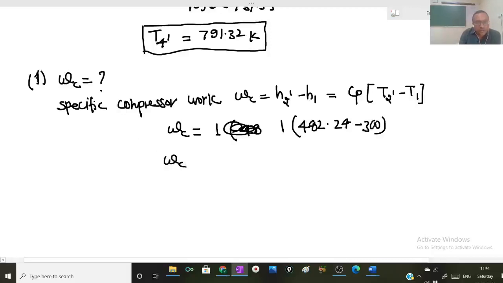All these values will be in kilojoule per kg. So this value comes out as 182.24 kilojoule per kg. This is answer number 1.